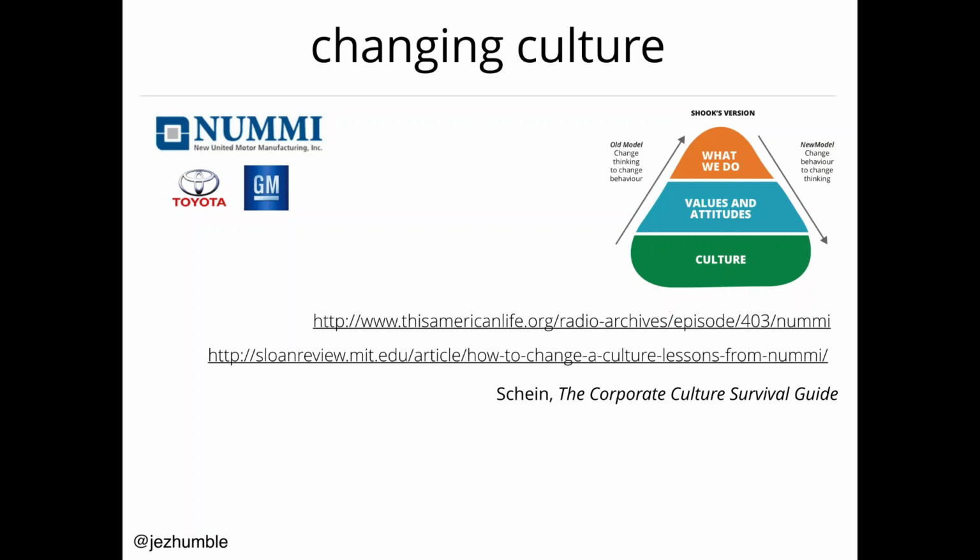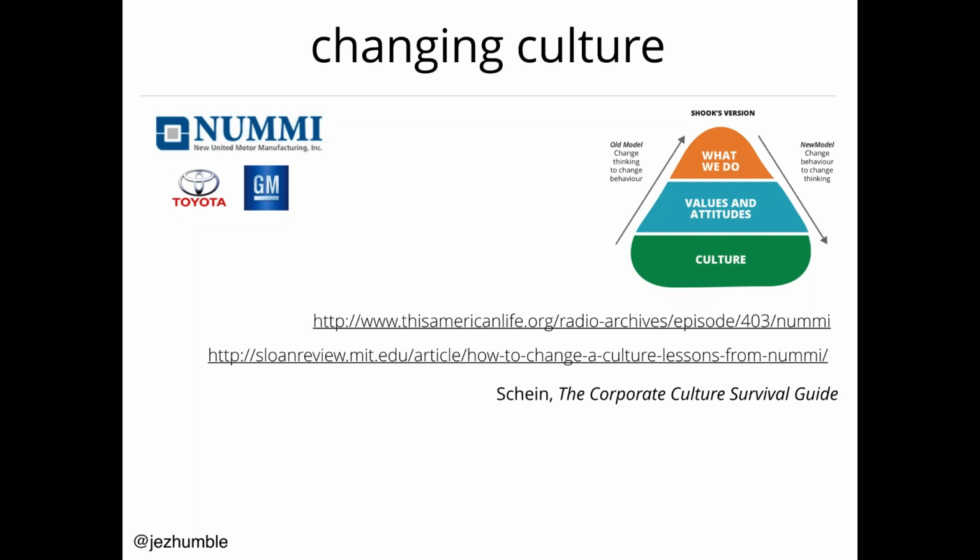They decided to put the plant in Fremont at the same site as the old GM Fremont assembly plant. And then something crazy happened, which was that the Toyota leadership was convinced by the previous GM union leaders to rehire them. So Toyota ended up rehiring the same union leaders and a lot of the same staff from Fremont Assembly to run this joint venture.